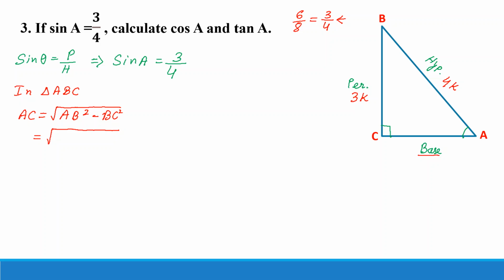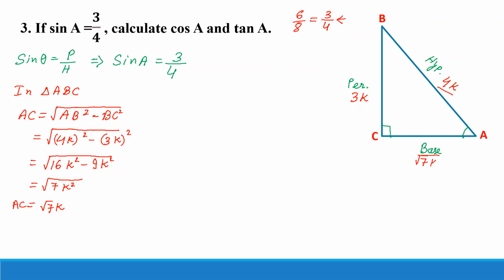AB is 4k, so we write (4k) whole square minus BC is 3k, so (3k) whole square. After further simplification, it becomes 16k square minus 9k square. Now 16 minus 9 becomes 7k square, which on further solving gives root 7 k, because k square is there, so k can come out from the root. So we got the value of AC as root 7 k.